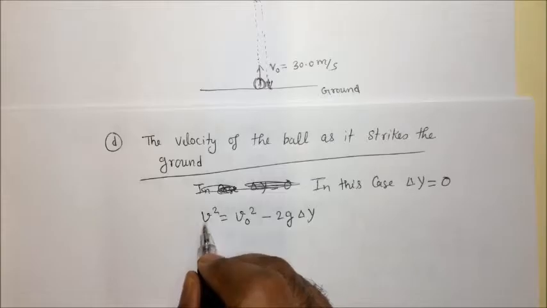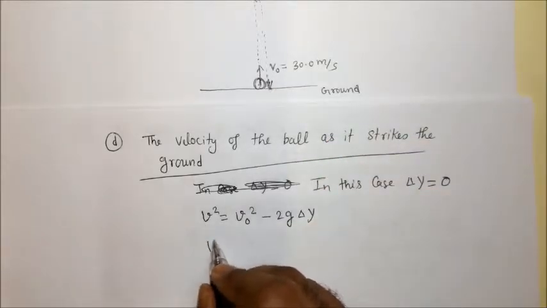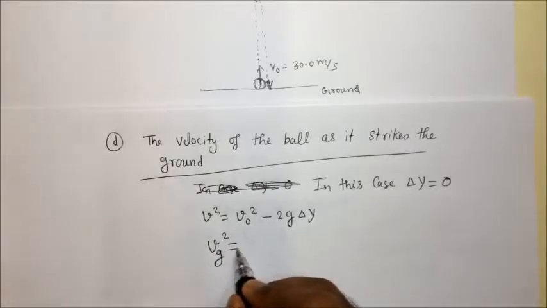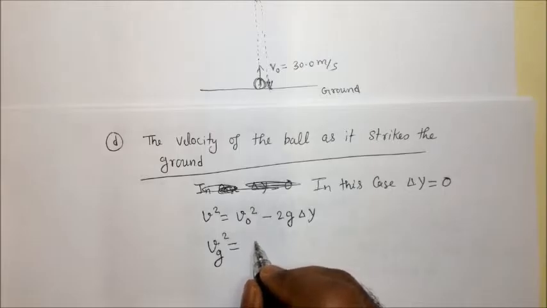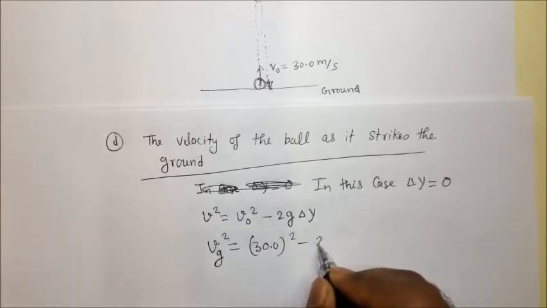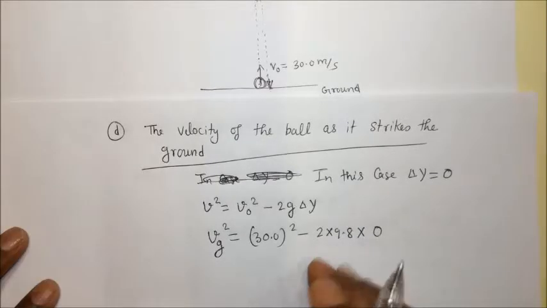V final is when it comes back to the ground, so you can write vg square. V initial is 30.0 square minus 2 times 9.8 times 0.